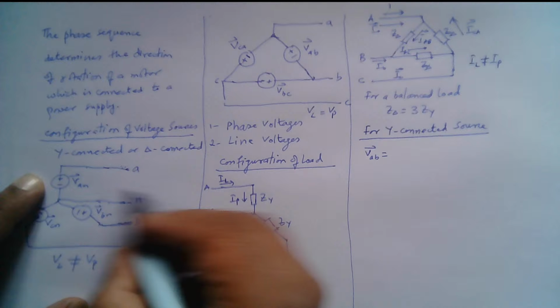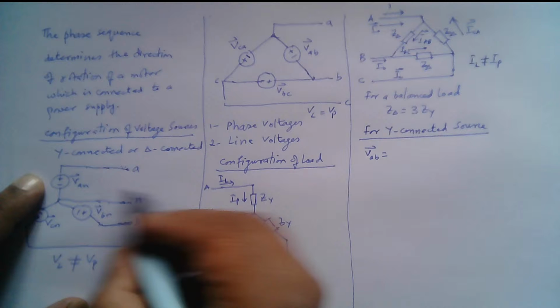So in this case, VAB is equal to VP angle 0 degrees minus VP angle minus 120 degrees, right? We take VP common, so this is 1 angle 0 degrees minus 1 angle minus 120 degrees.